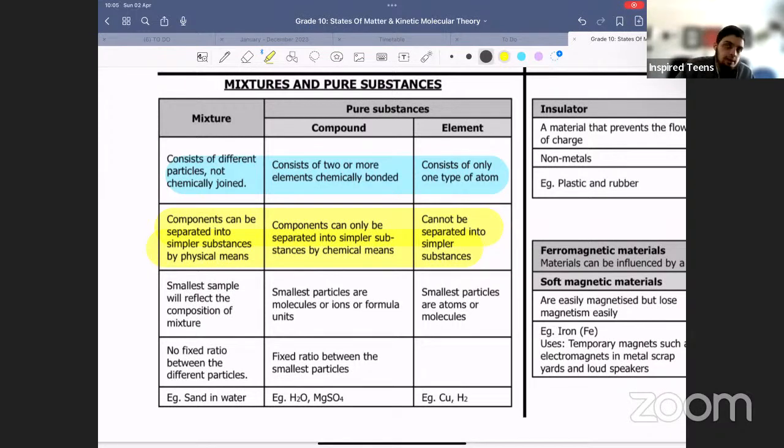We have multiple different elements, if you will, in a salad, cucumber, lettuce, and they are not chemically joined. They can be separated by physical means at times. Now let's look at the comparison on the pure substance end. These components can only be separated into simpler substances by chemical means. So compounds can be separated, but by chemical means. That's the difference: a mixture can be separated by physical means.